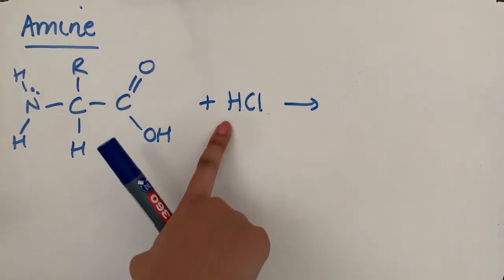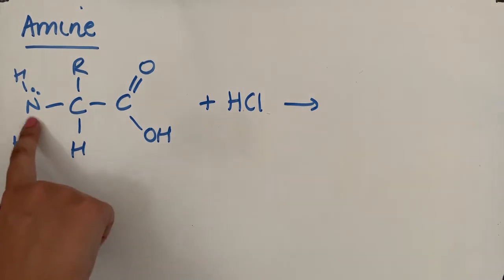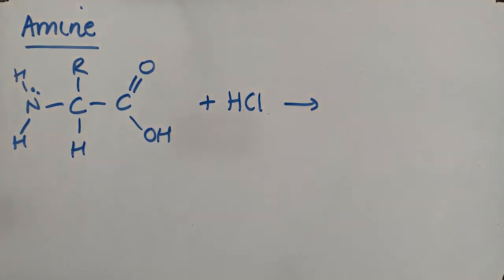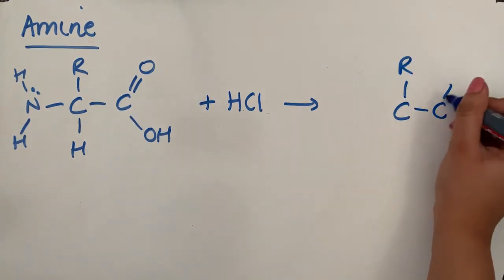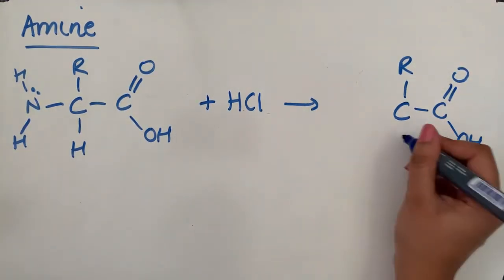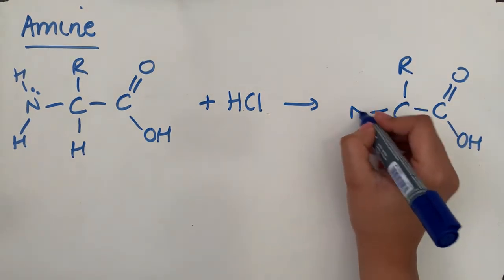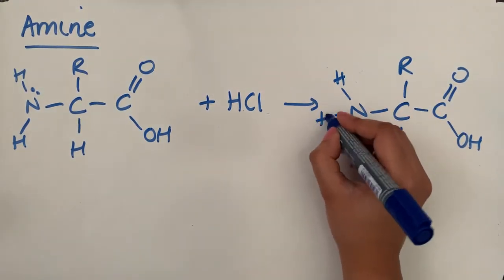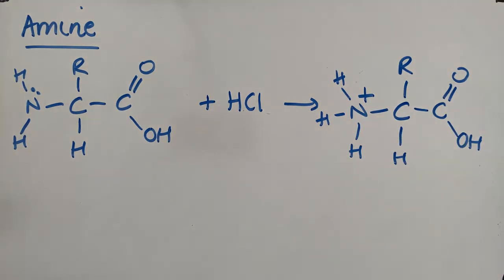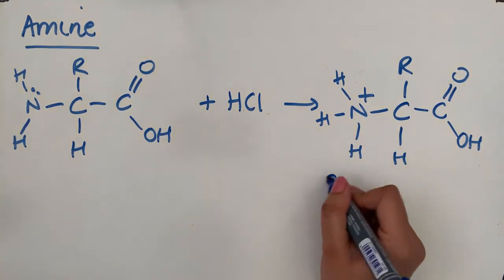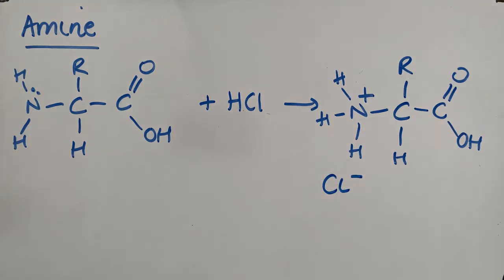All it does is it accepts that proton. So the nitrogen lone pair accepts that proton there, and the product that we get is this here. So it's accepted a proton, therefore it's got a positive charge here. You've still got that chloride ion, so that chloride ion should be near that ammonium part there, because that is giving rise to a salt on this side over here.